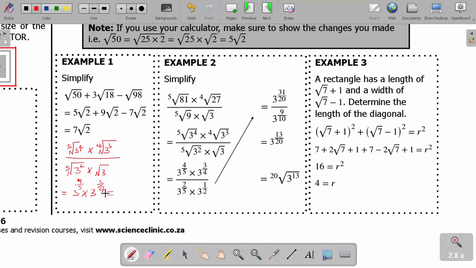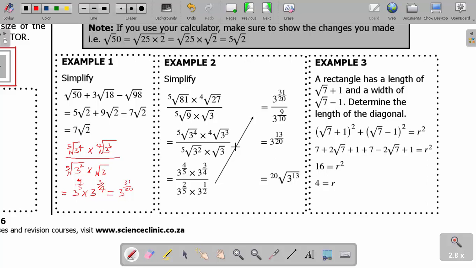What do you get? We get 31 over 20. So it's going to be 3 to the power 31 over 20. That's how we got this 3 to the power 31 over 20.